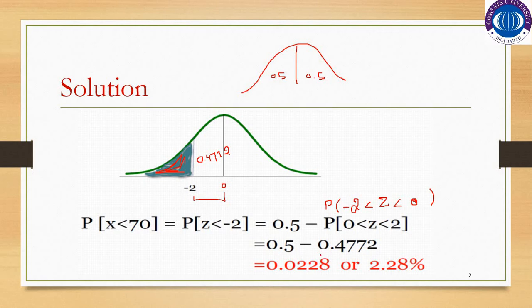So 0.5 minus 0.4772 will be equal to 0.0228, or you can say 2.28%. So this is the probability x less than 70, that the student selected at random will score less than 70.